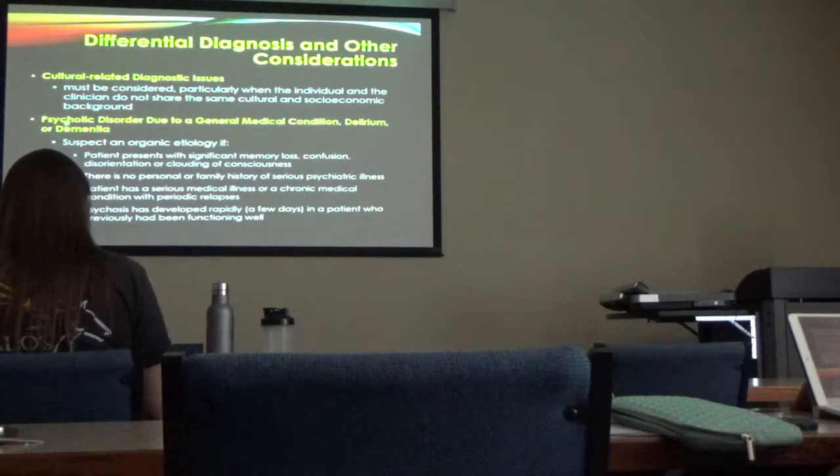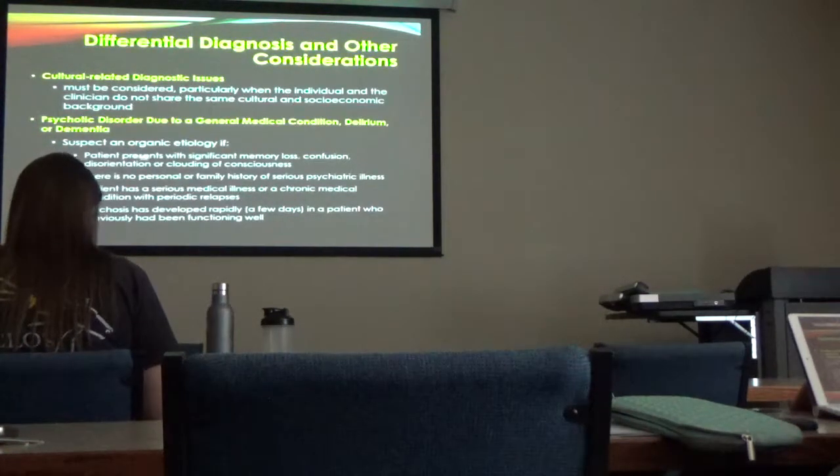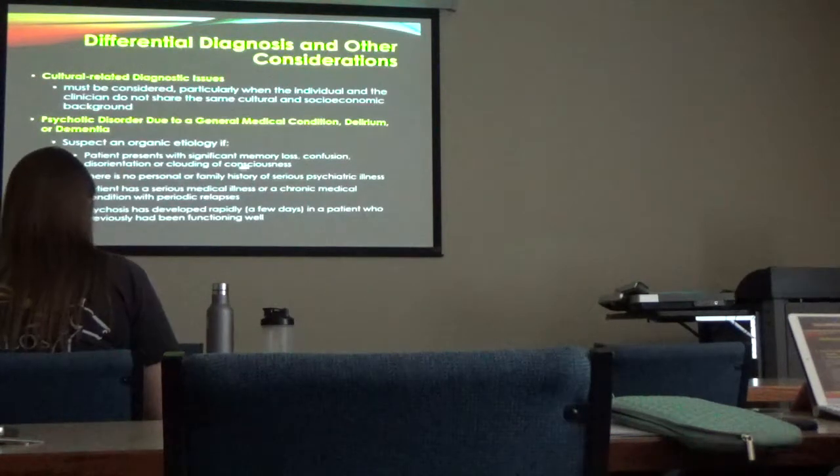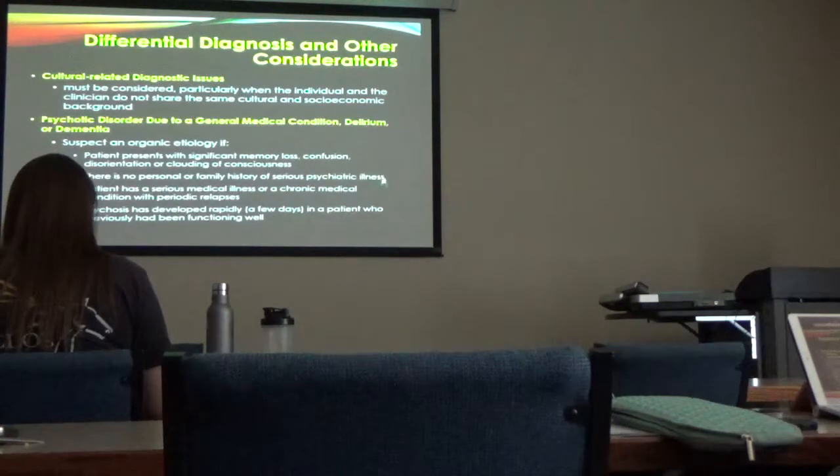One differential diagnosis is psychotic disorder due to a general medical condition, delirium, or dementia. You can suspect this organic etiology if they present with significant memory loss, confusion, disorientation, or clouding of consciousness, things that are really not part of the diagnostic criteria. There's no personal or family history of serious psych illness.